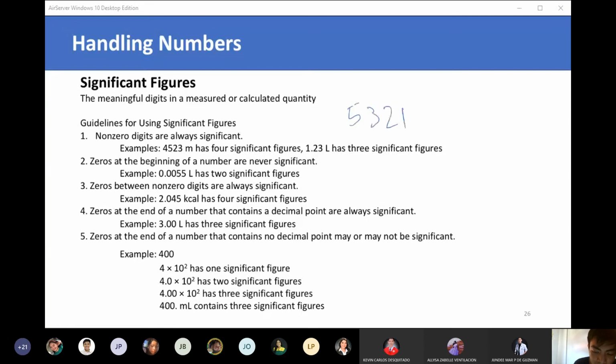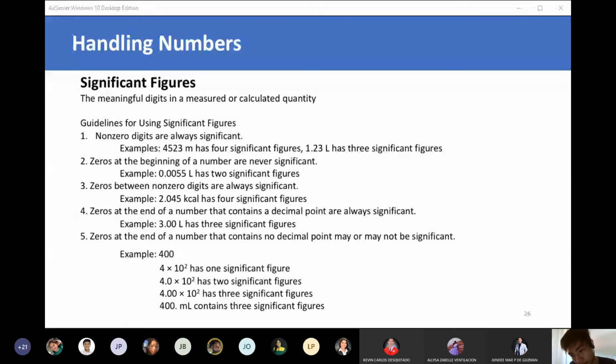Mamaya na yung 0. It contains how many significant figures? Bilangan natin 1, 2, 3, 4. 4 significant figures siya. If we have a number 9355, 4 significant figures din yan. As long as the number is non-zero, it is significant always.